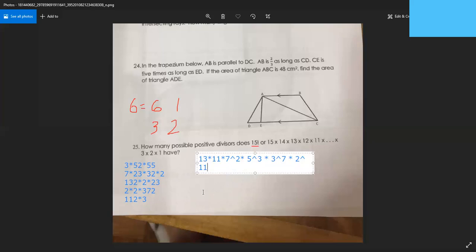Now, let me check. 13 times 11 times 49. 49 is 7 squared, times 125, that is 5 cubed, times 3 raised to 7 times 2 raised to 11. Is this 15 factorial? Let me check. Wait, something is missing.